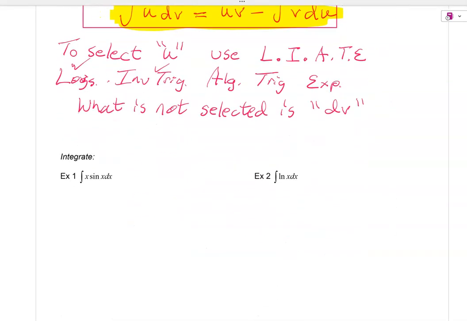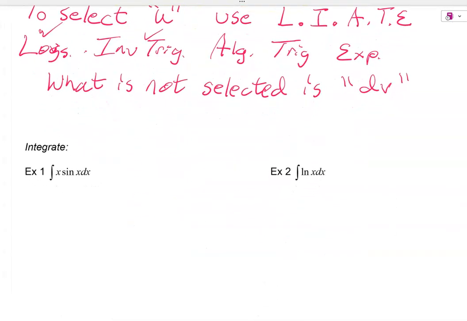Okay, we're going to come down here to example 1. And of course, we should go through our little protocol. Do I know an obvious antiderivative of x times the sine of x? And no, nothing is going to come to mind.